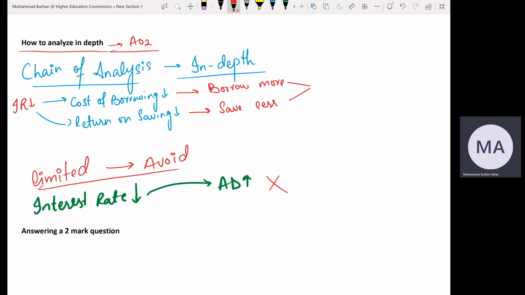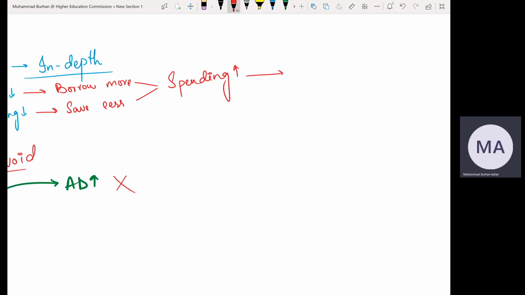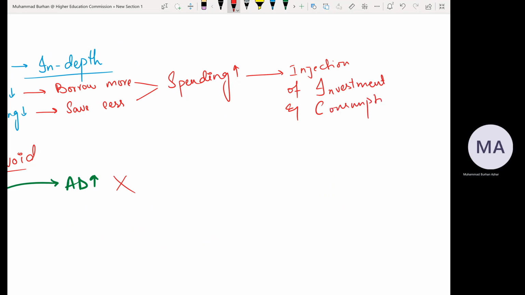When people and firms borrow more and save less, what it essentially means is that the spending in the economy will increase. Okay? And when the spending in the economy increases, there will be an injection of investment because the firms are also following the same behavior, and consumption. So there would be an injection of investment and consumption. That will lead to a rise in aggregate demand.